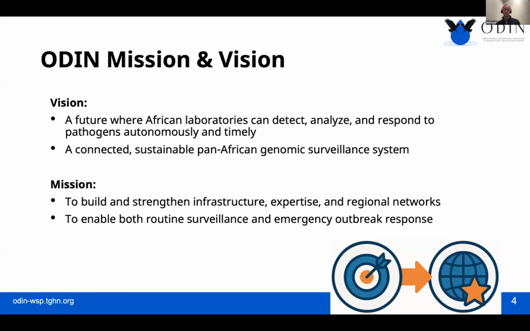Our mission then is, of course, to build the infrastructure and expertise needed to make that vision real, not through short-term deployments, but again, stressing the sustainable, country-led capacity building that is needed to make this last. So we want to help create a landscape where every partner can take surveillance into their own hands with confidence and continuity.